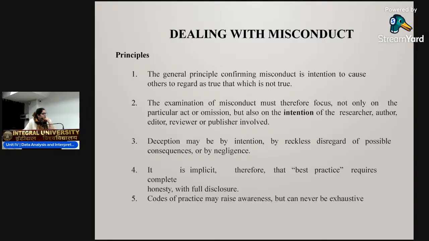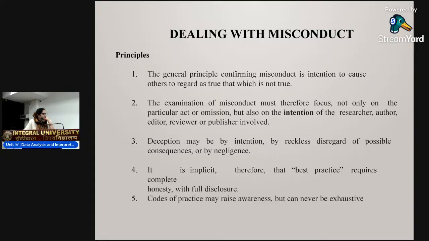deception may be by intention or by reckless disregard of possible consequences or by negligence, right? If it was by negligence, if it's proven that it was a careless mistake, then the penalty would be decided accordingly. Okay? But वो प्रूव करना पड़ेगा, ऐसे नहीं assume कर सकते हैं कि ये intentional नहीं था.